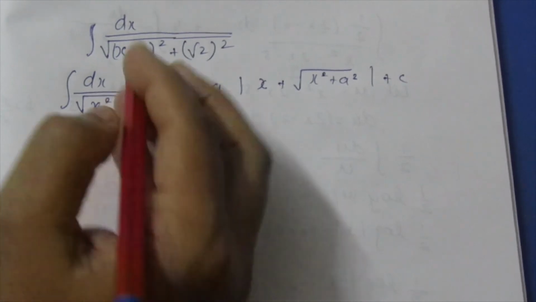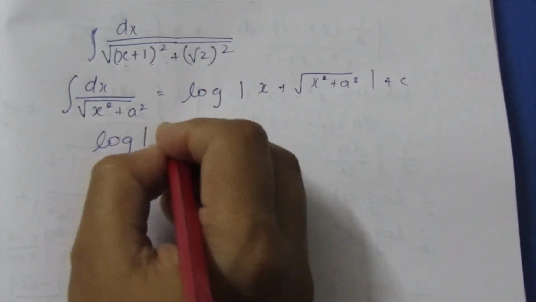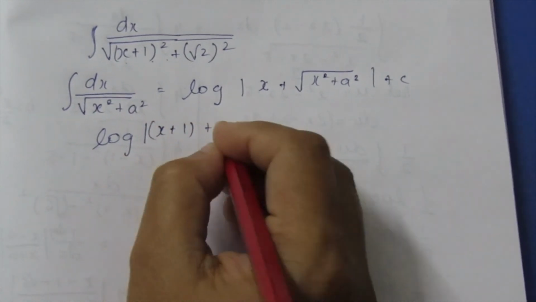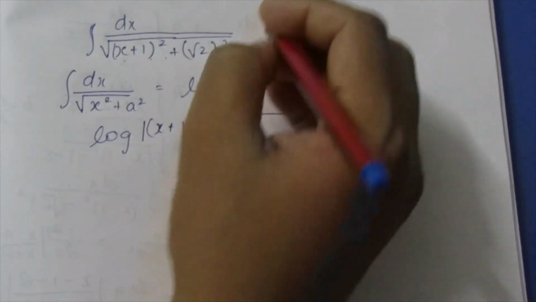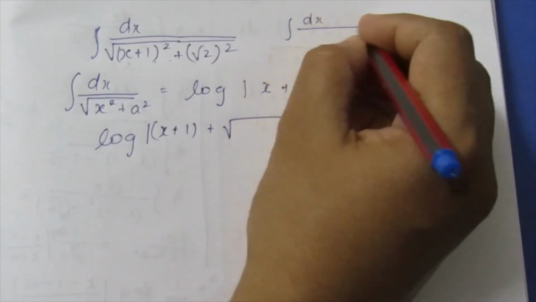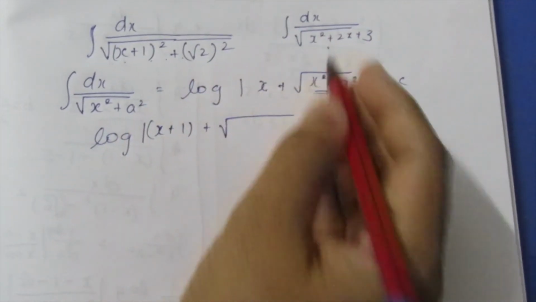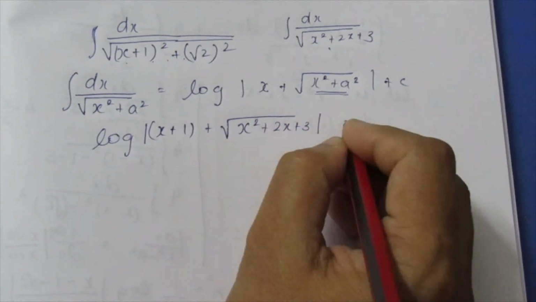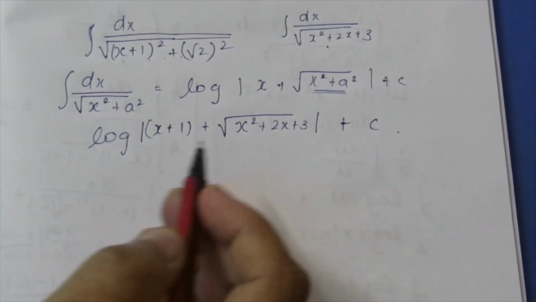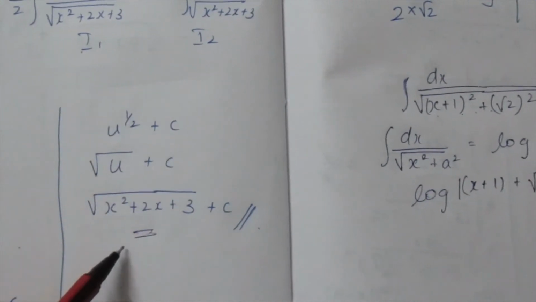So according to the question, this becomes log mod, in the place of x we have x plus 1 plus root of, even for this we can directly write it, because from dx by root of x square plus 2x plus 3 we have formed this. So we can directly write this here, x square plus 2x plus 3 plus c. Already we have solved I1 and we got this as the answer.